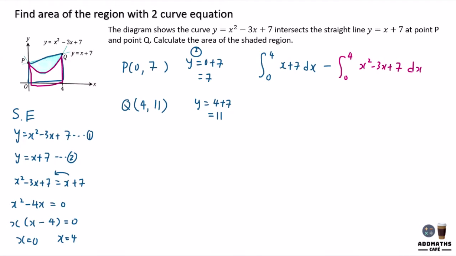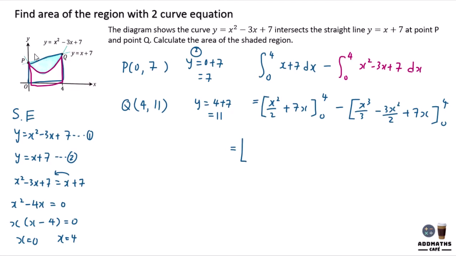So first, solve everything on this side. You will have x squared over 2 plus 7x, apply 0 to 4, and same goes for this, x cubed over 3 minus 3x squared over 2 plus 7x, apply 0 to 4. And whenever you apply 0, you will get 0 for the whole expression.